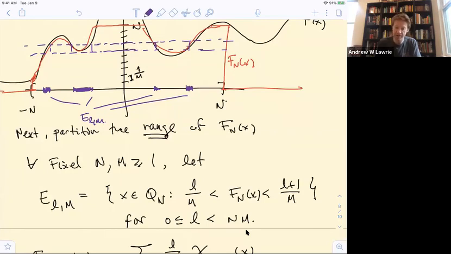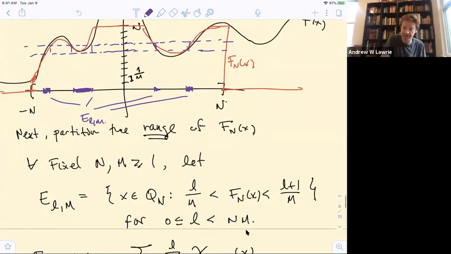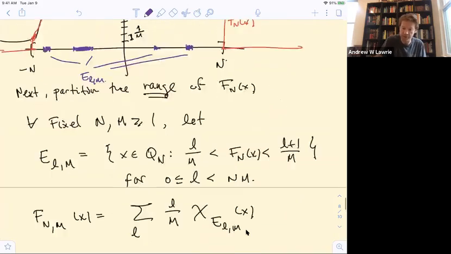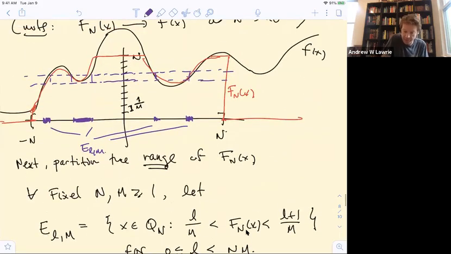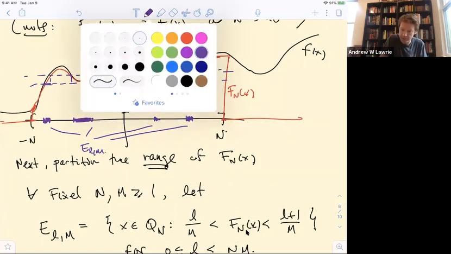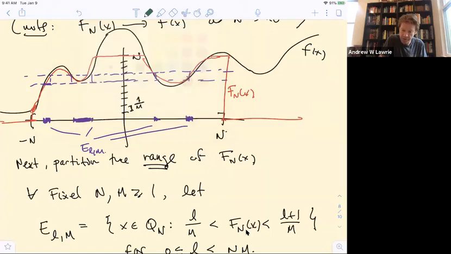And then now I look at the characteristic function on these sets and make the function equal to L over M, so the bottom of the set. So what my function looks like, yet another color, maybe green, is just this simple function here.